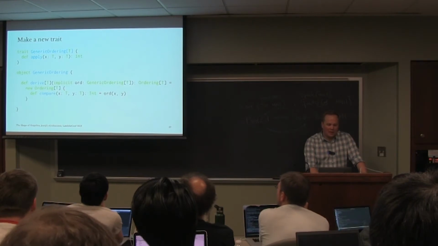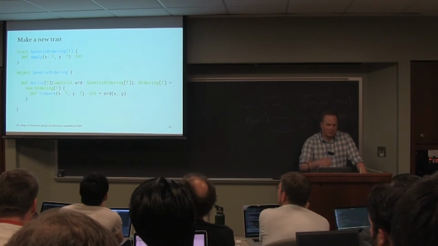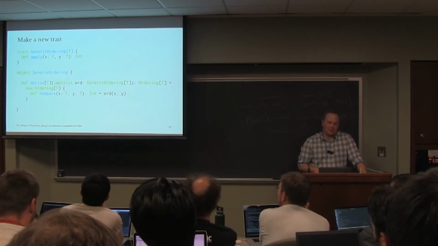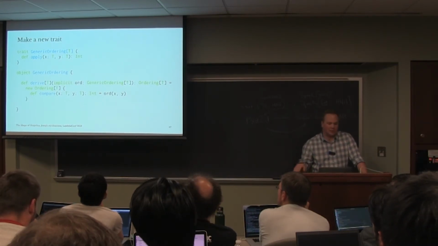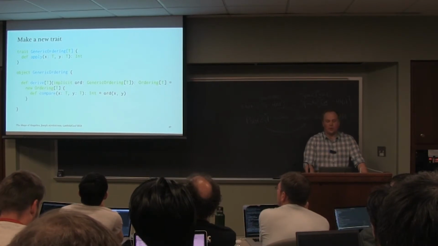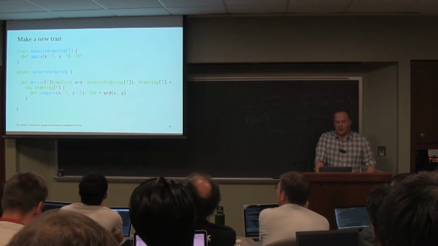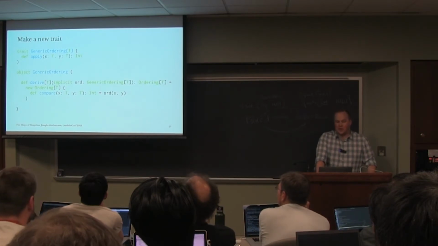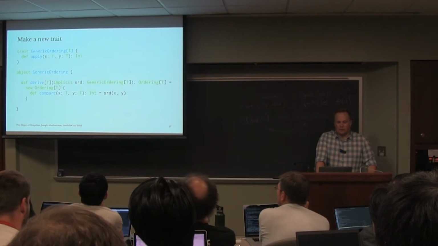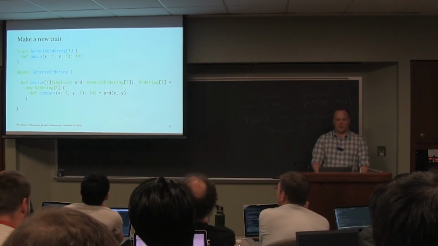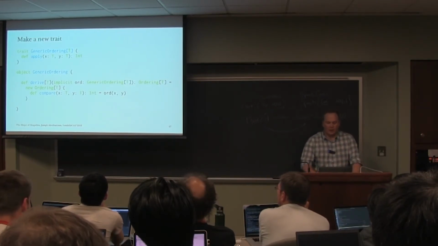And then we'll have implicit, sorry, this should be implicit def, no, it could be, if you make it implicit, then you'll get different functionality. We're not going to use that right now. We def the derive by just saying, in order to derive an ordering for a type T, we have to have an implicit value of this trait that we just defined, this type class we just defined, right? So that's the indirection that you need in order to make this thing work.